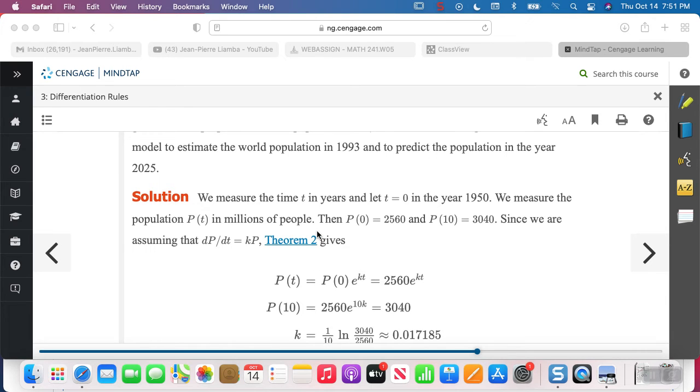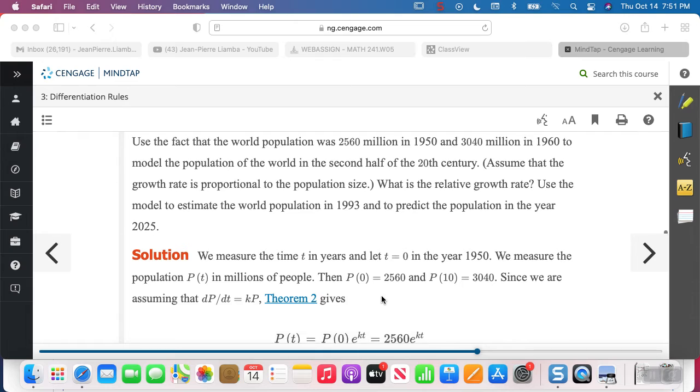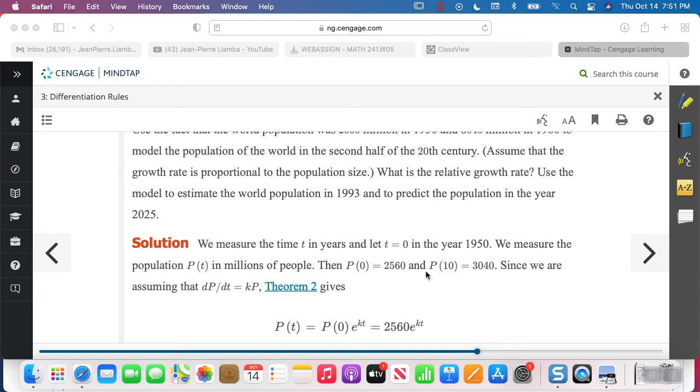We're just going to use the numbers, not the millions units. Whatever we get will be in millions. So instead of 2,560 million, we're going to use 2560 as P of 0, and P at 10, which means 1960, is 3040 in the formula.